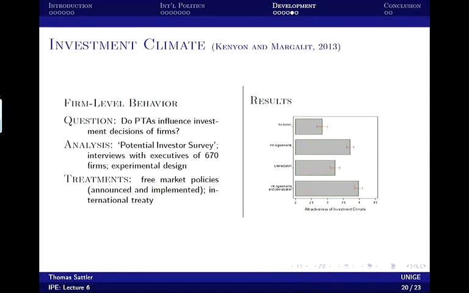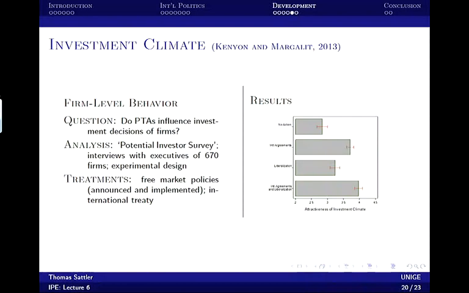And now they look at how the different executives responded differently. If you tell the executive the country didn't do anything, the attractiveness of the investment climate is about 2.75, right? But if in addition you tell them that they signed an international agreement, a preferential trade agreement, the average response is that the investment climate is about 3.5, so way better, right?